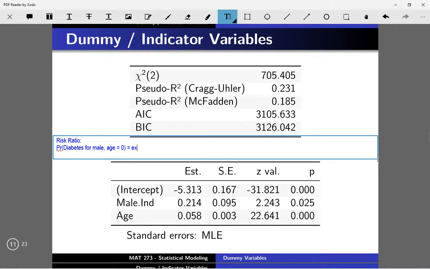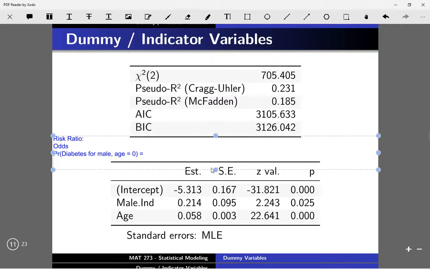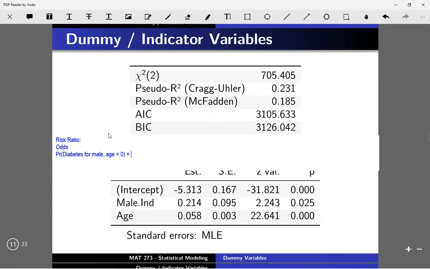So to get the odds, the odds of diabetes for a male age 0 is going to be given by e to the, so the intercept term plus, they're a male, so we include that term.